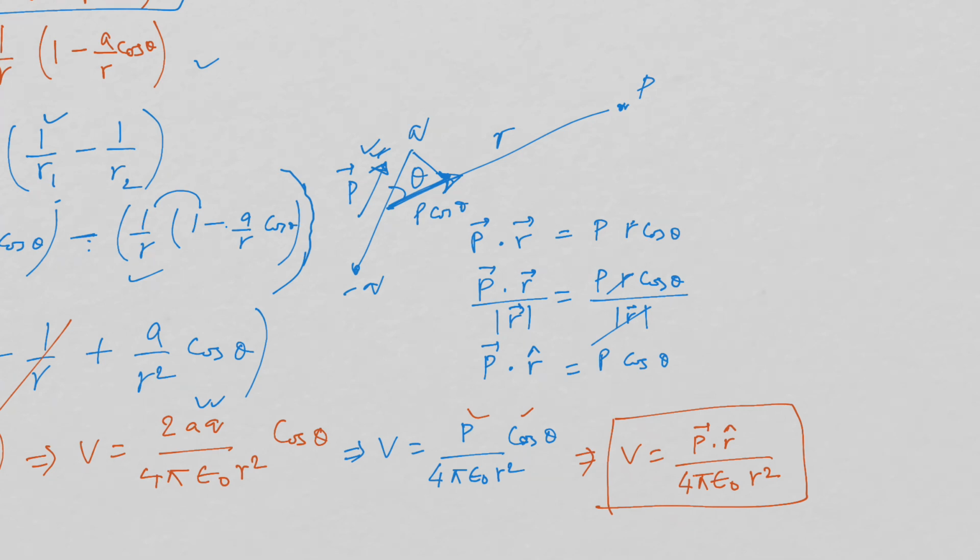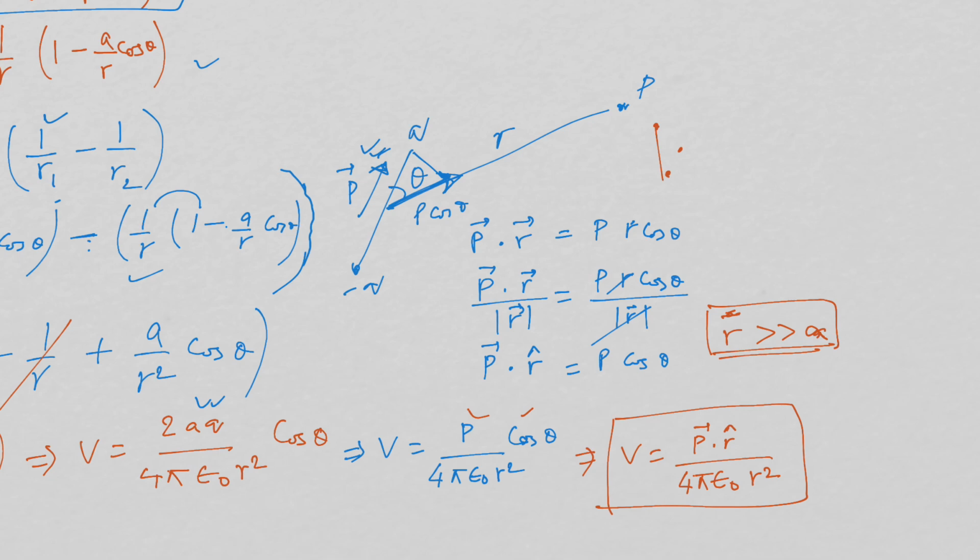And also keep in mind that the magnitude of r is actually way bigger than a. So this is also an important point. If the dipole is there and the point is too close, then we have to figure out something else.